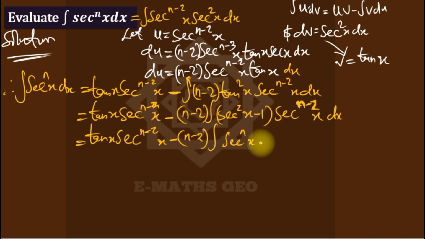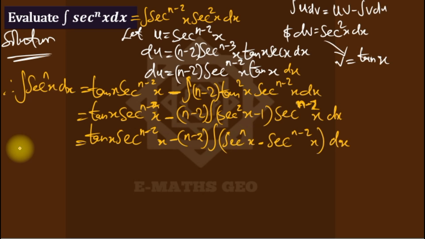So we're left with minus sec x to the power n minus 2 dx. So from here, if you notice, there is sec x raised to the power n, and also there is sec x raised to the power n here. So what do we do? We factor.